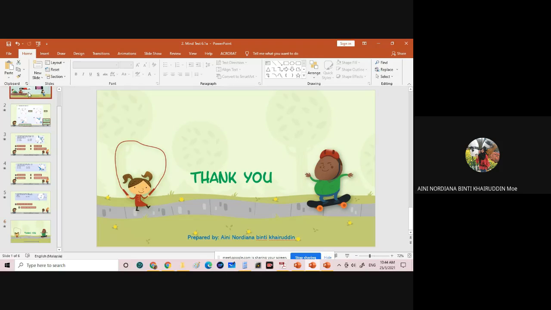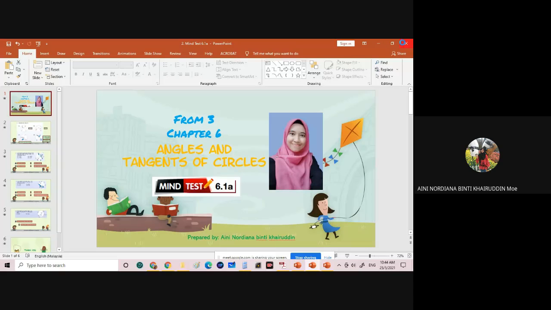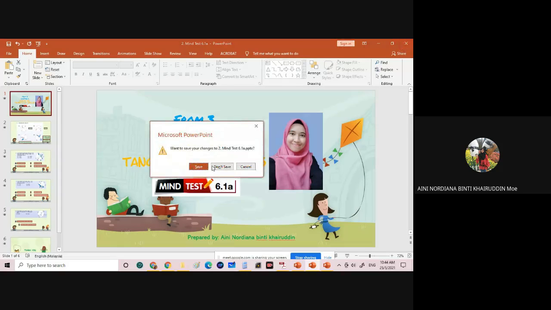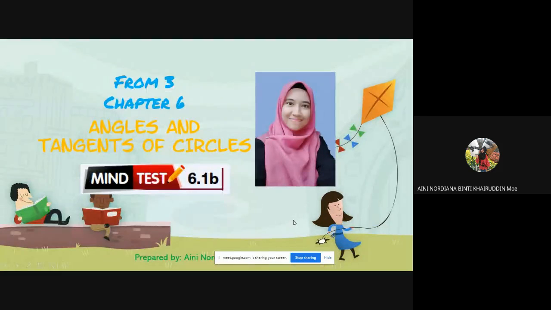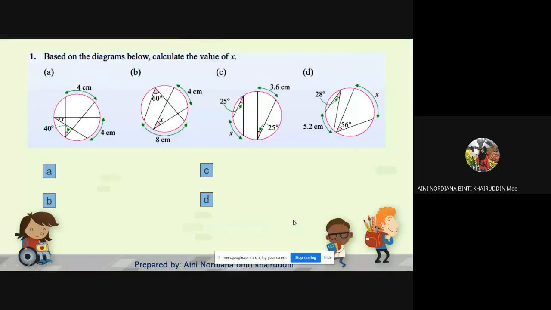Now we move to mind test 6.1b. Based on the diagram below, calculate the value of x. I explained this yesterday already: if the arcs have the same length, then the angles are equal in size.